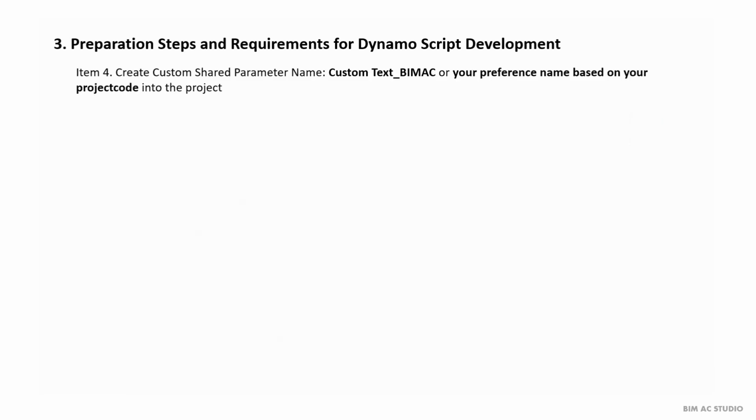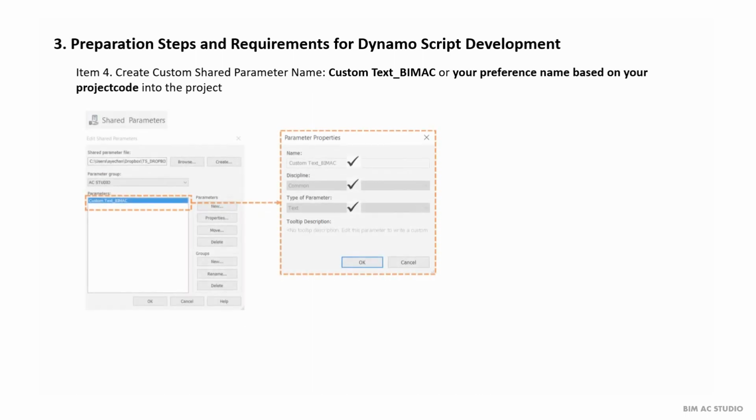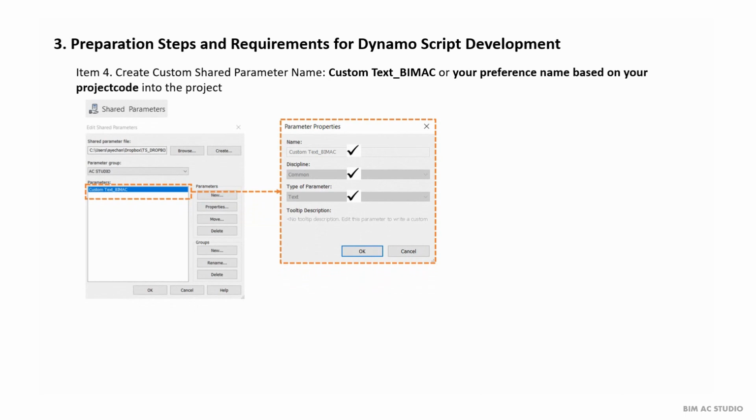For item number 4, once you have loaded your parametric family into the project, you need to create a custom shared parameter. Here I'm using custom test underscore BIMAC, or you can use your preferred name based on your project code. In the shared parameter, you need to create a group before you create a new parameter.